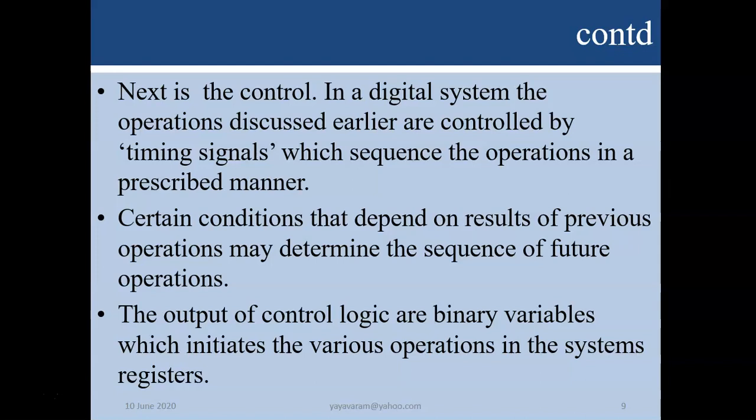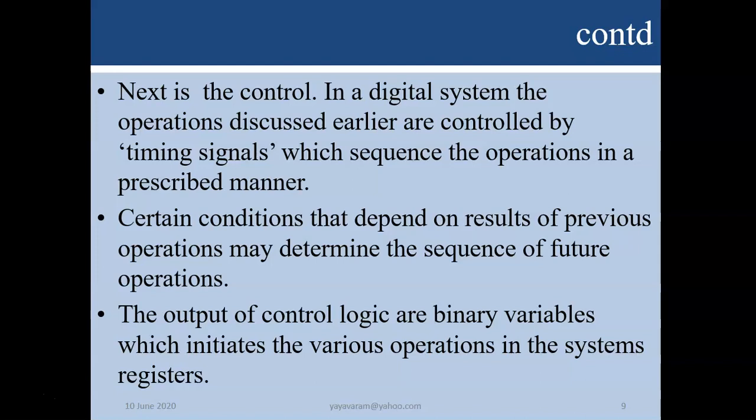Next, the control. In a digital system, the operations discussed earlier, load, shift, count, increment, all these things, are controlled by timing signals, which sequence the operations in a prescribed manner. They will keep them in an order.